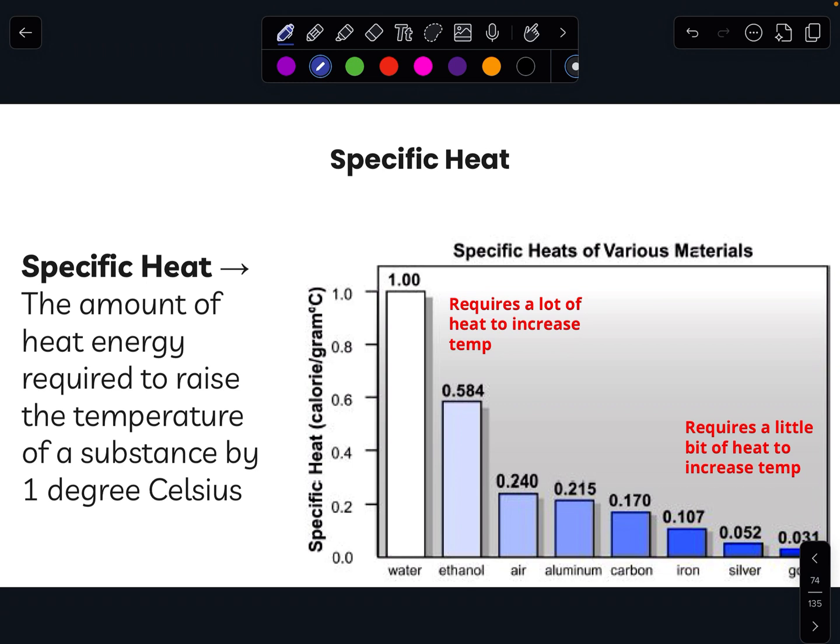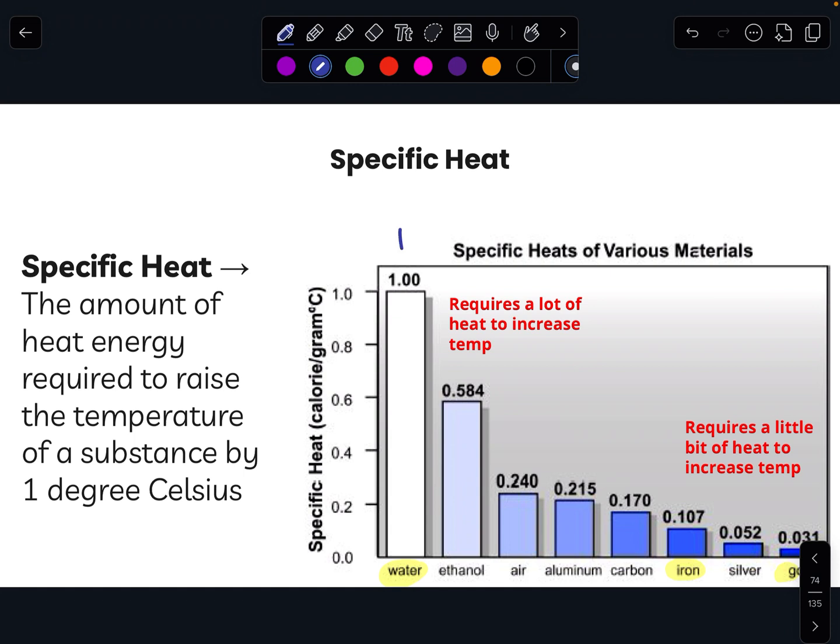So this chart just shows some examples of some different substances and their specific heats. So here's water, right? Water is really high. This high number means that it needs more energy to heat it up. Whereas an iron pan, aluminum, right? This is gold over here at the beginning. So these materials that we typically cook with, like iron, steel, their specific heat is a lot lower.